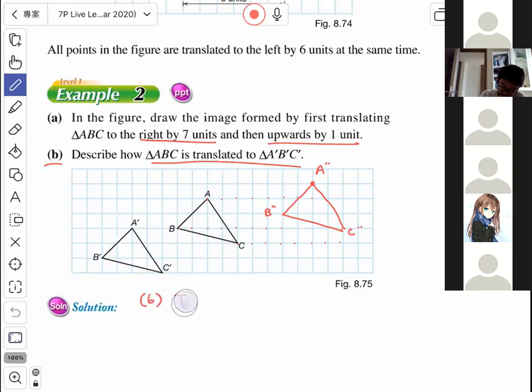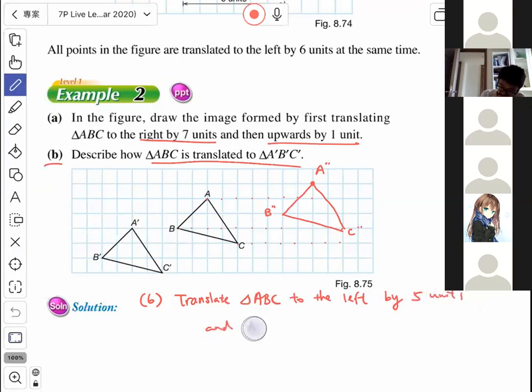The keyword would be translate, of course, and then ABC. So you should describe to the right, to the left, upwards, or downwards. Also to the left. So from this diagram to the new diagram, A prime, B prime, C prime. Also, we write to the left by how much? You count 1, 2, 3, 4, 5, and then you can write by 5 units.